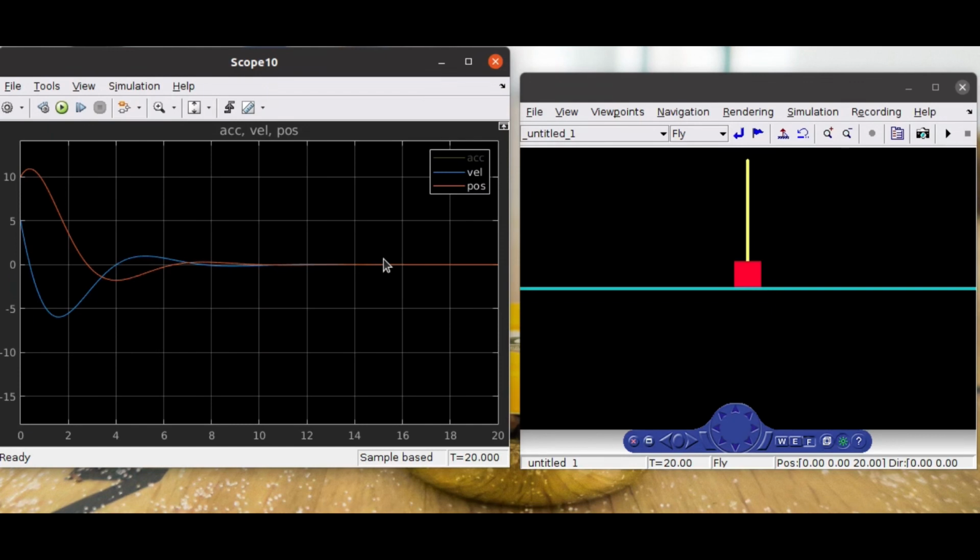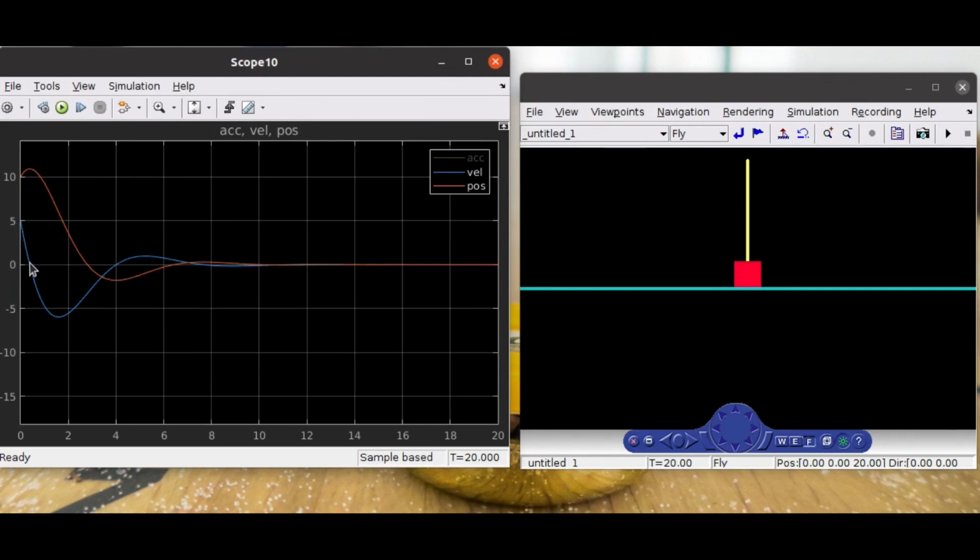Let us try to analyze the plots of the system. Let us take the position and the velocity plot. Position starts with plus 10 units. Velocity starts with plus 5 units.